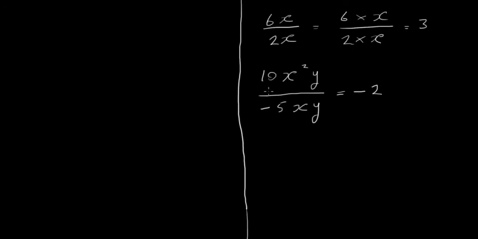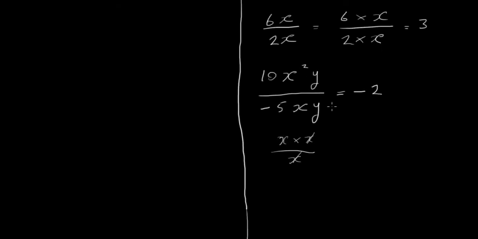So now we've done the signs, we've done the numbers, we can just concentrate on the letters now. So concentrate on the letters individually. Let's take the x's first. We have an x squared and we're dividing it by x. So we have an x times x, which is our x squared, and we're dividing that by x. That will cancel with that, and we're just left with x.